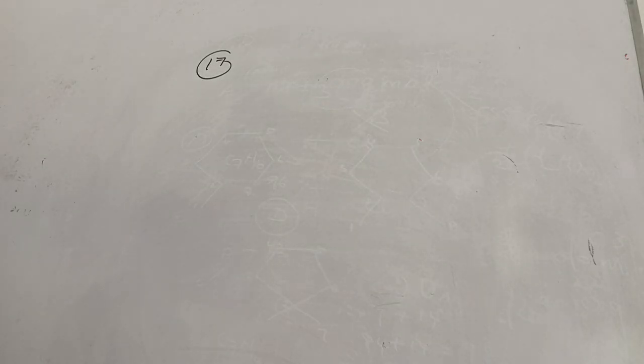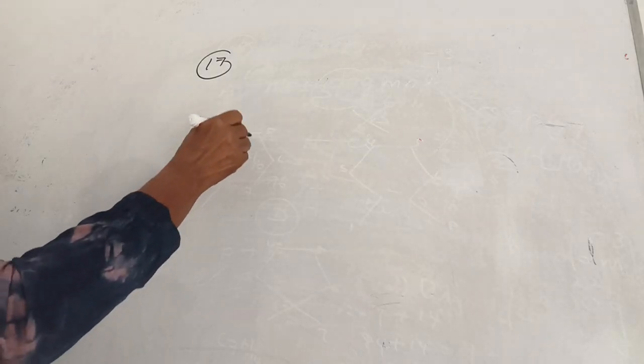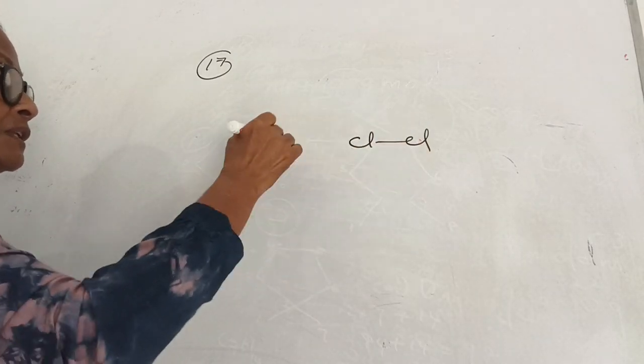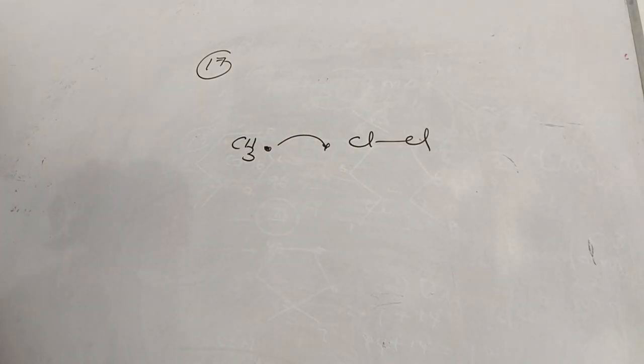Obviously A is not correct, and D is also not correct because it recreates the hydrogen free radical. So the best answer is CH3 free radical, and it can attack the chlorine molecule. This happens during the free radical substitution of alkanes.